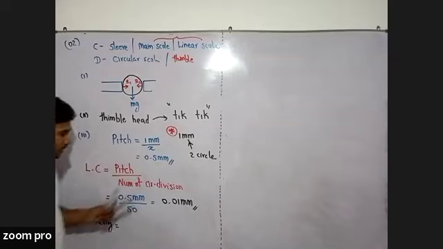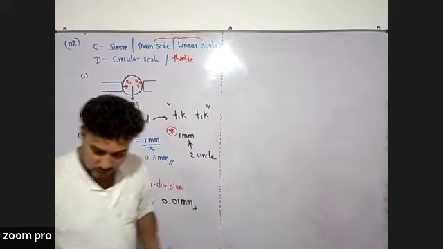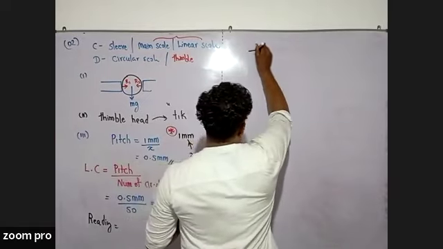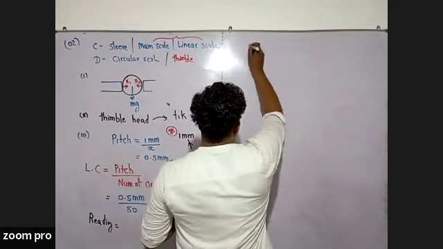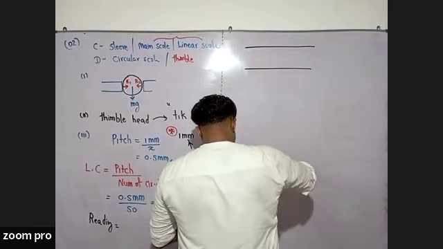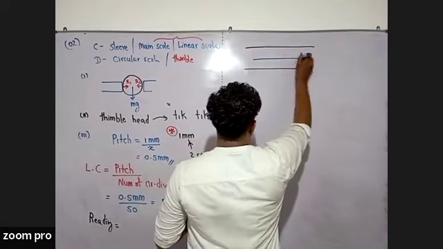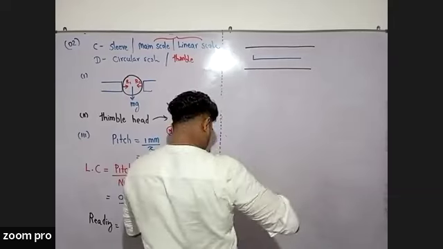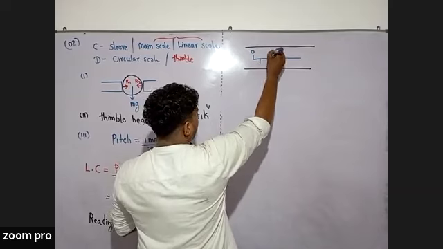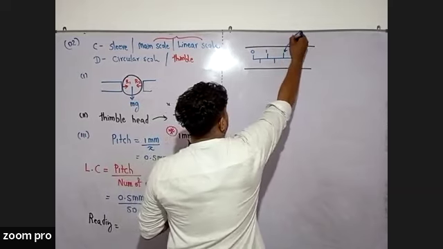So hence to obtain the reading, keep in mind that the pitch of this instrument is 0.5 millimeters, right? So according to the diagram, if this is 0, this should be 0.5, this should be 1, this should be 1.5, and this should be the second one.